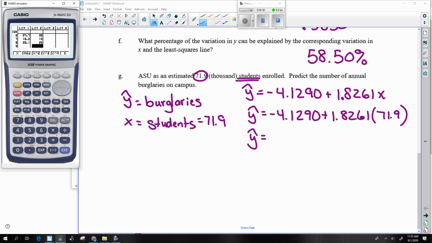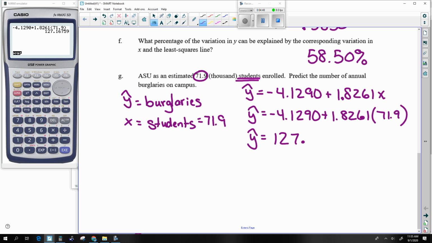So this is just straightforward. That would be the number of burglaries that would be expected.